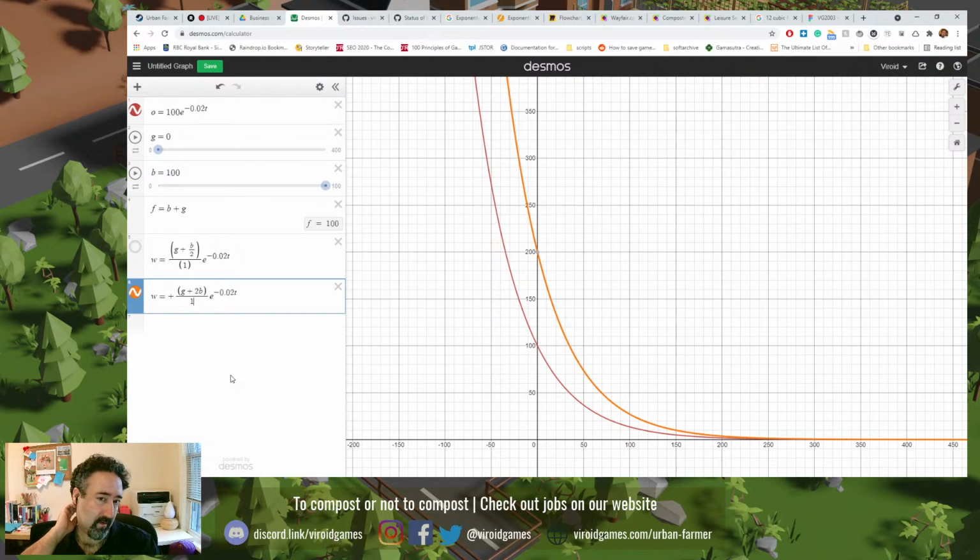Okay, there you go. But here's the problem. When we use the decay function, and our interpretation of W is the water need, why should the water need change over time?